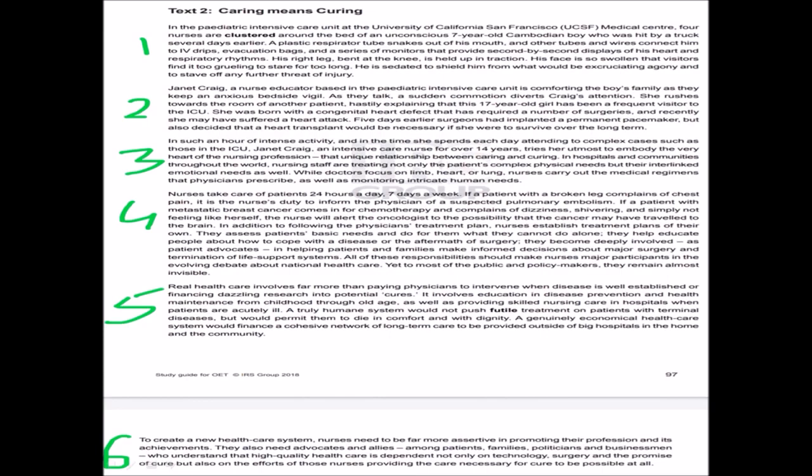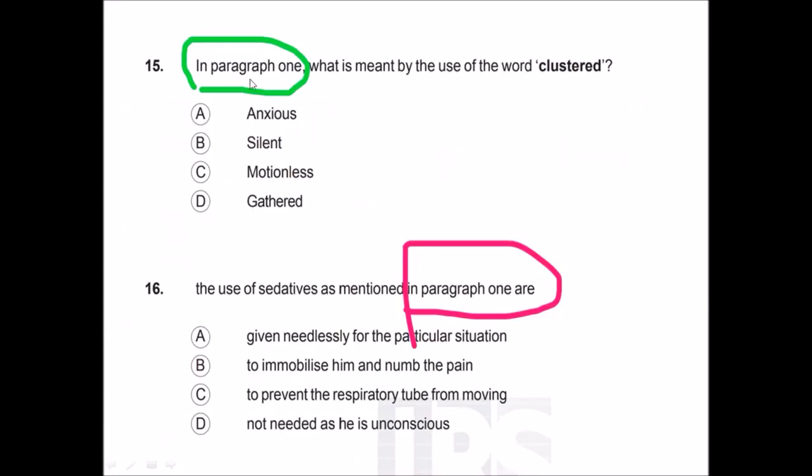This is a passage from the part C exam. This is text 2, Caring means curing. These are the different paragraphs in the whole passage. You have to number these paragraphs: paragraph 1, paragraph 2, paragraph 3, paragraph 4, paragraph 5, then paragraph 6. First number the paragraphs, then read the question.